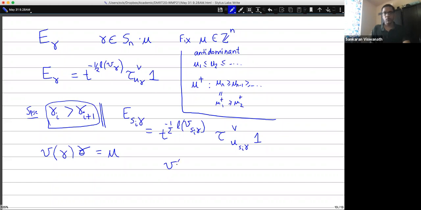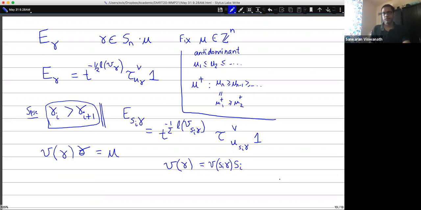So how do I sort gamma in ascending order? I first fix this ith guy. Let me first apply s_i, so that gamma i and gamma i plus 1 will be in the right order. Having done that, I will proceed to fix the remaining inversions. In other words, I have to compute V for what's left, which is s_i gamma.